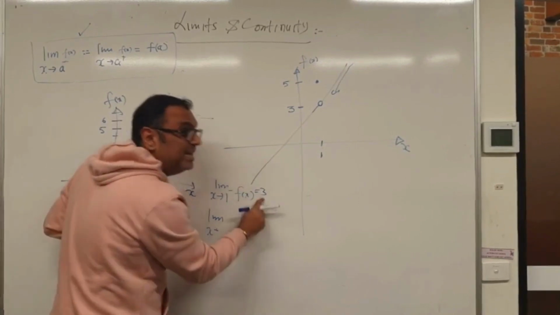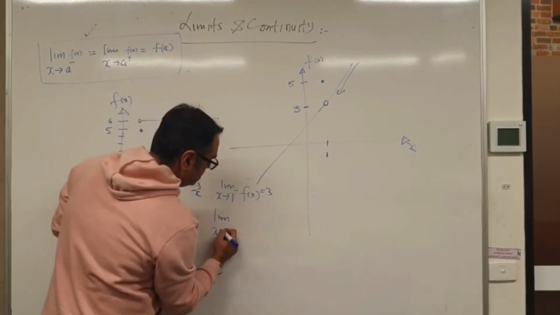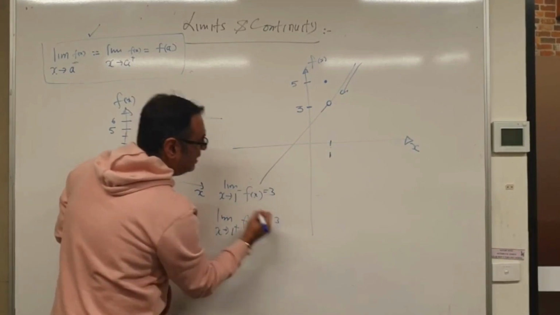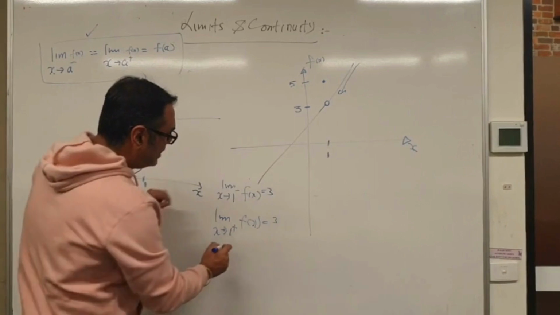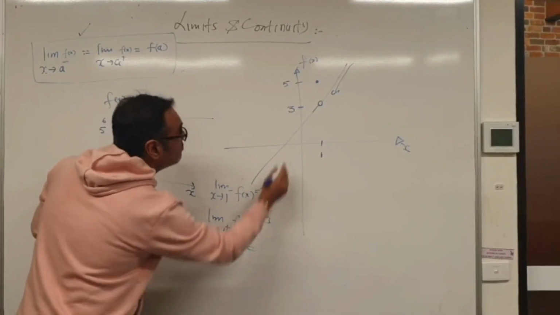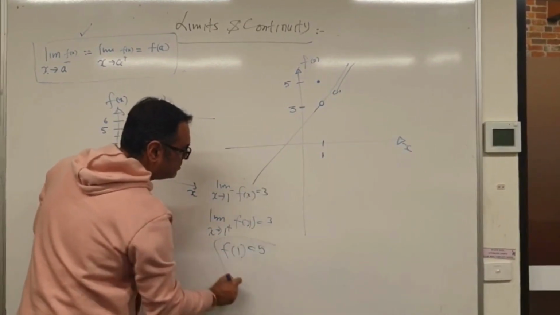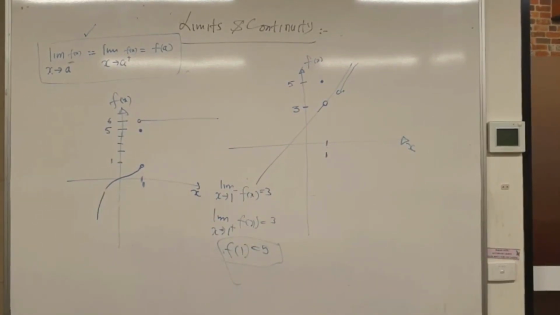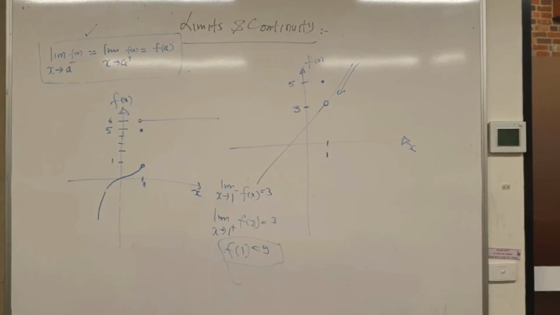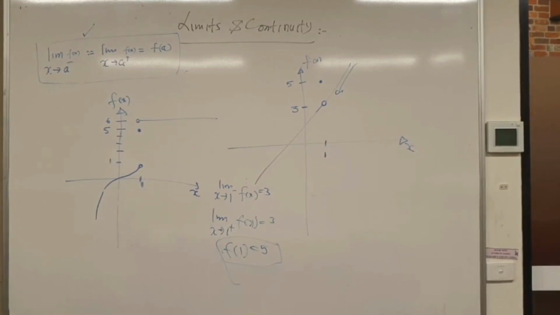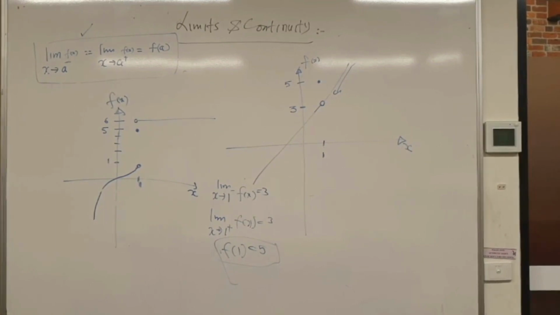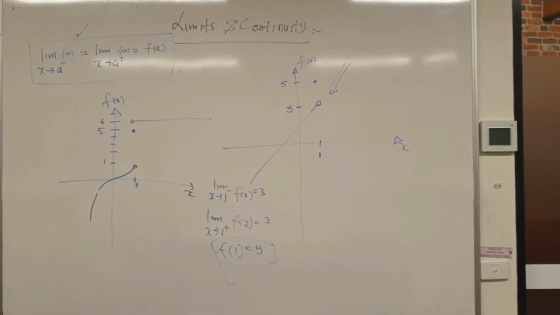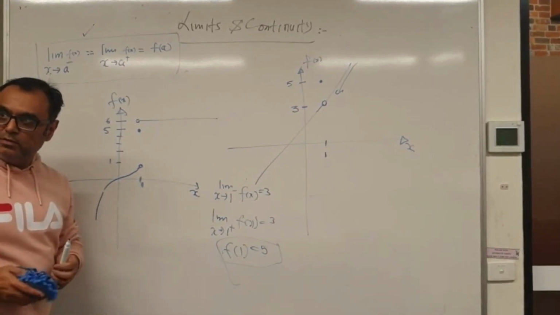So the limiting value as x tends to 1 is 3. But what is f of 1? f of 1 is 5. That's the problem, and that means the function is not continuous. Does that make sense, guys? Yes? Shall I take this off the board? You're fine?